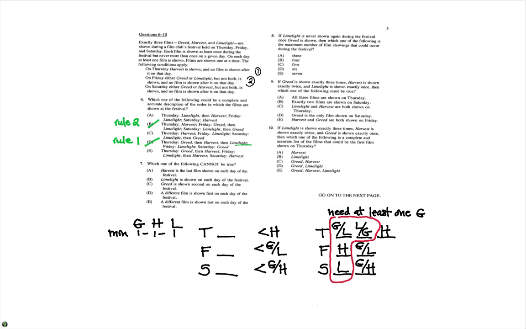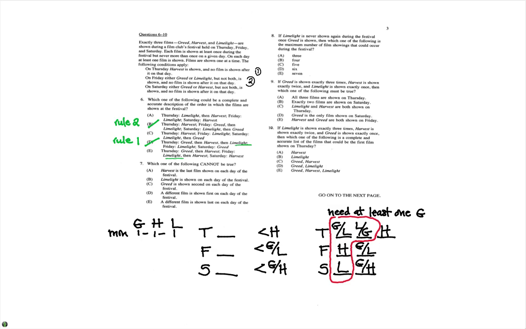Going to C. On Friday we have Limelight. Nothing else. Nothing wrong with C. Just checking E to make sure now. On Friday we have Limelight, then Harvest. Rule 2 tells us we can't have anything come after Limelight.